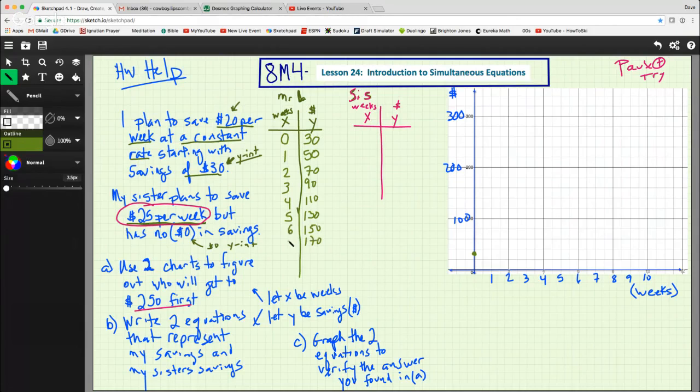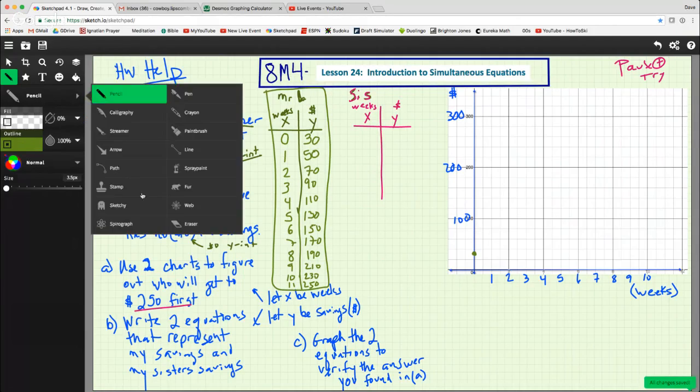That's after 6, 7, 8, 9, 10, 190, 210, 230, 250. So after 11 weeks, I have 250. So let's go ahead and graph that. Now we'll wait. We'll graph it at the end.